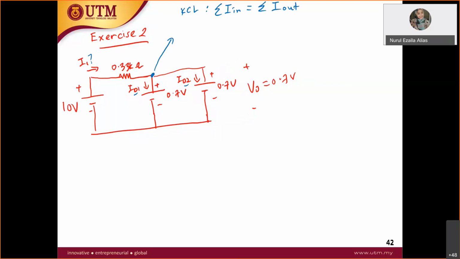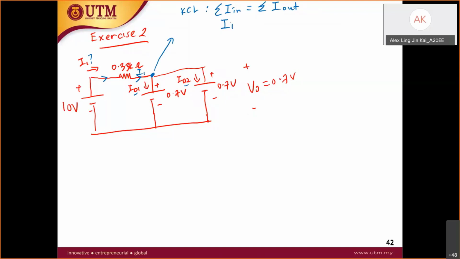At this particular node, what is the current in? I1. Correct. Is there any more current going into this node? No, only I1. Correct.